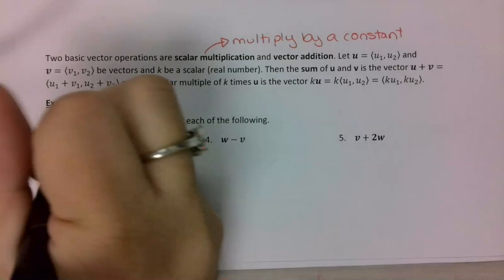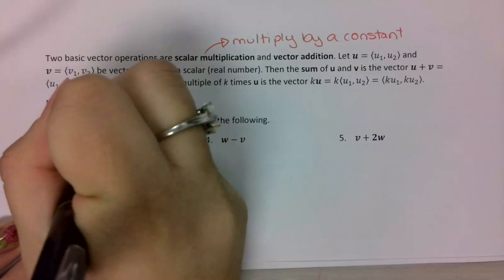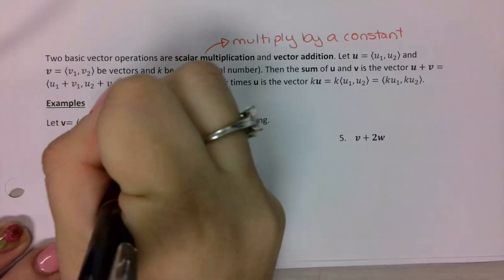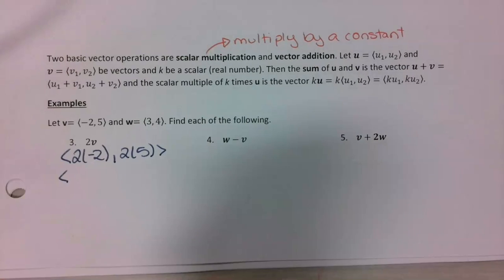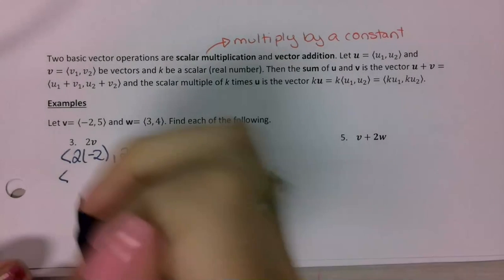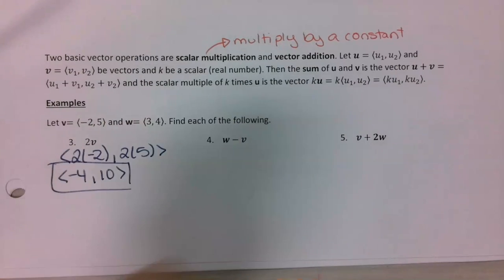What I'm going to do is take each coordinate point in my vector and multiply by 2. So then what do I get for my x coordinate if I multiply? And that's my new vector.